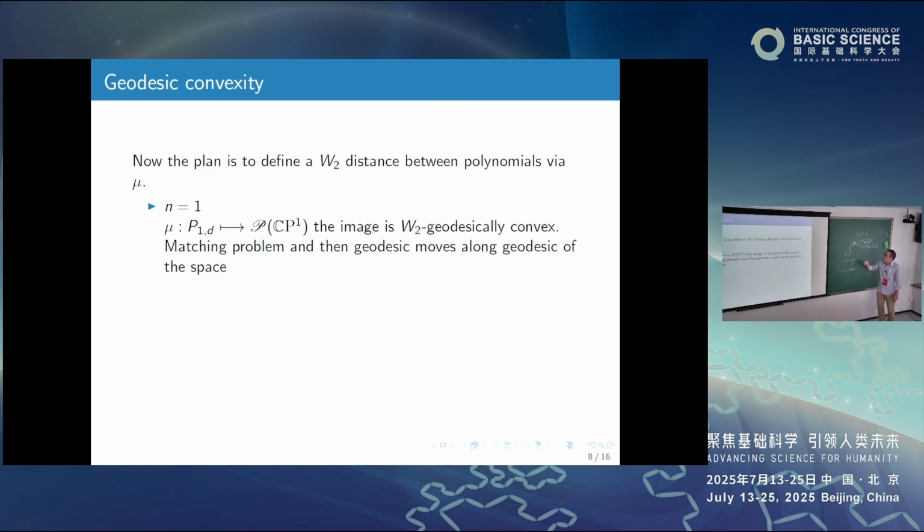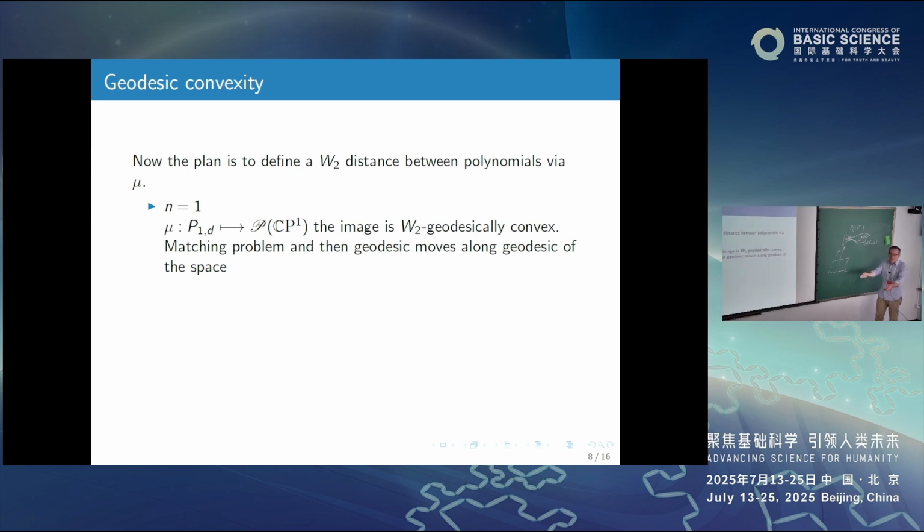And what you want to do, you just do not want to define the distance from here to here by taking the W2 distance, but I want to take a deformation of this measure into these other measures, just by remaining inside the image of my homeomorphism mu. So in other words, I just want to allow paths for going from my first polynomial to another polynomial, just moving inside the space of probability measures obtained via mu.